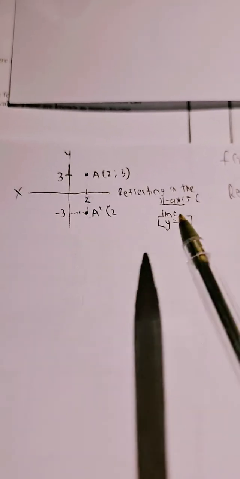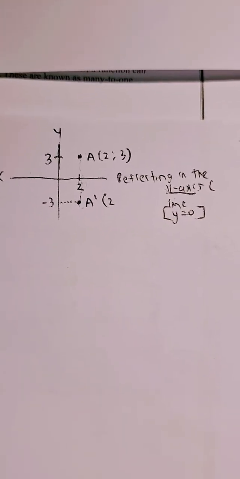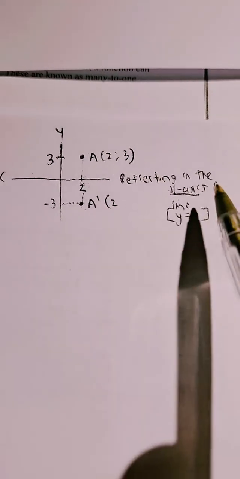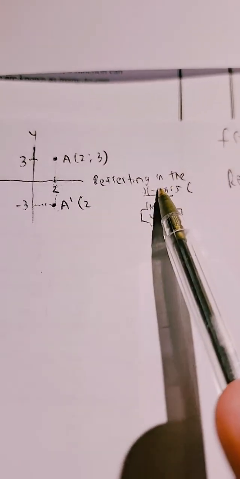So you need to understand all the language that can mean reflecting in the x-axis. They can say reflection in the x-axis, along the x-axis, about the x-axis, on the x-axis. That's all reflection in the x-axis. Or they can say reflection in the line y is equal to 0, when you must remember that the x-axis has an equation: y is equal to 0.